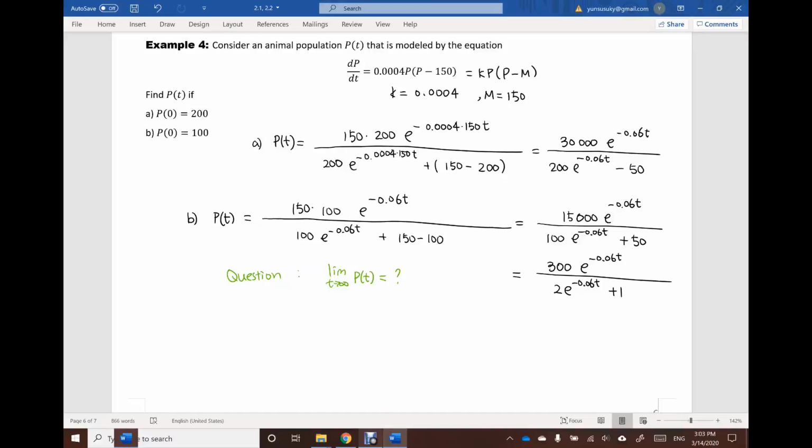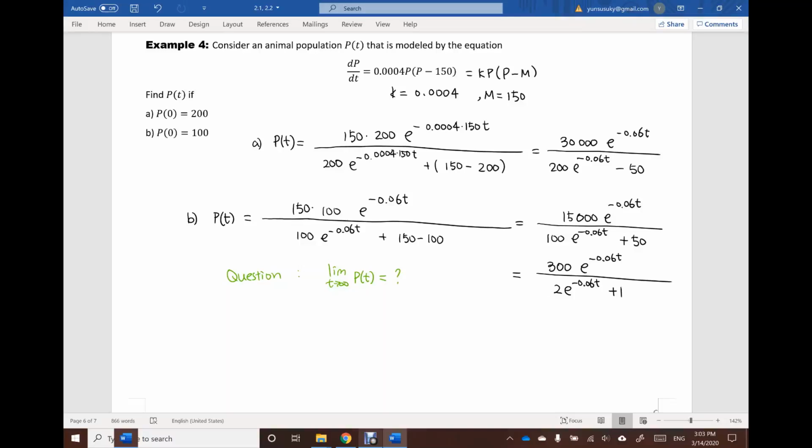So when t increases, what happens? Well, the denominator could be 0, right? When t increases, e to the minus 0.06t is decreasing. So 200 times that gets closer to 50, so the denominator is getting closer to 0.